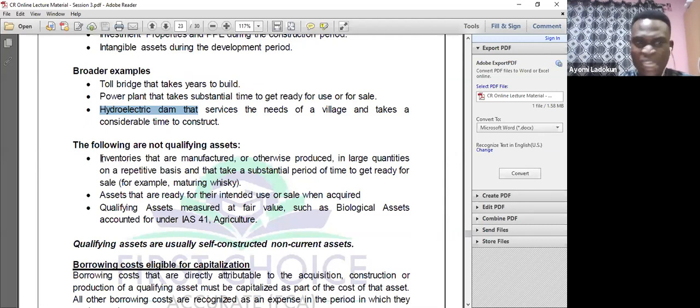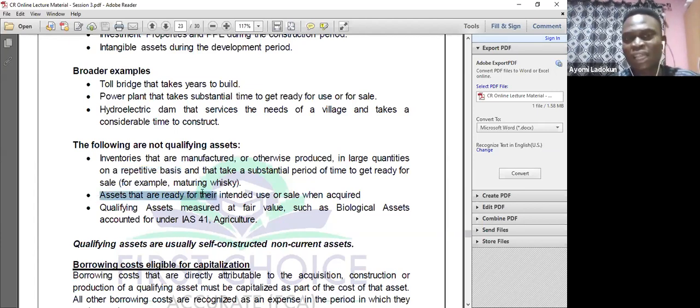Now, these are not qualifying assets, just for your understanding. Look at it. Inventory that is manufactured or otherwise produced in large quantities on a repetitive basis. So when you do something repetitive, maybe you have a manufacturer in India or China that produces inventory for you repetitively, even though it takes a substantial amount of time, they are not qualifying assets. This is repetitive.